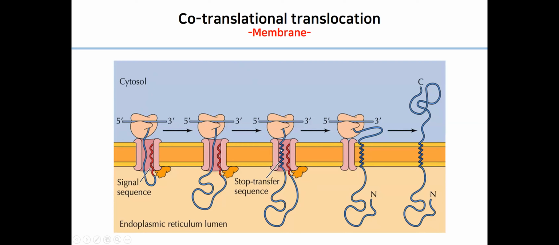The stop transfer sequence then initiates release of the transmembrane polypeptide into the ER membrane, like this, through a lateral gate in the translocon after the signal sequence is cleaved by signal peptidase. These membrane proteins and secretion proteins are representative cases of co-translational translocation.